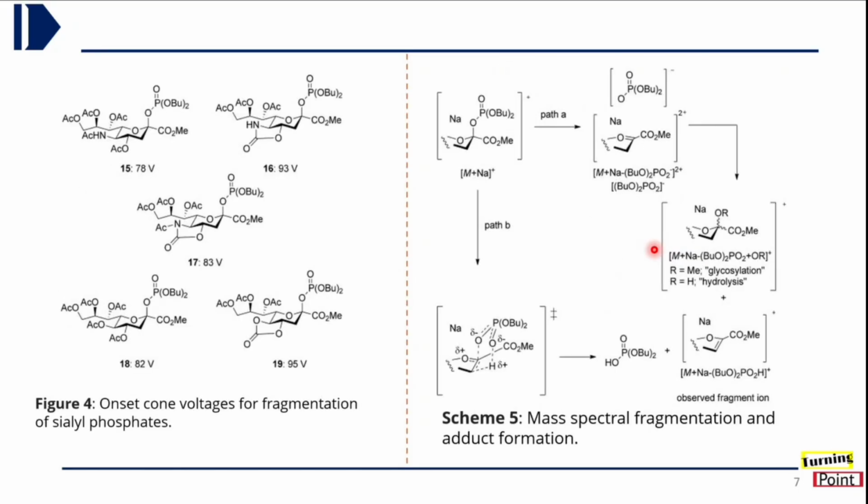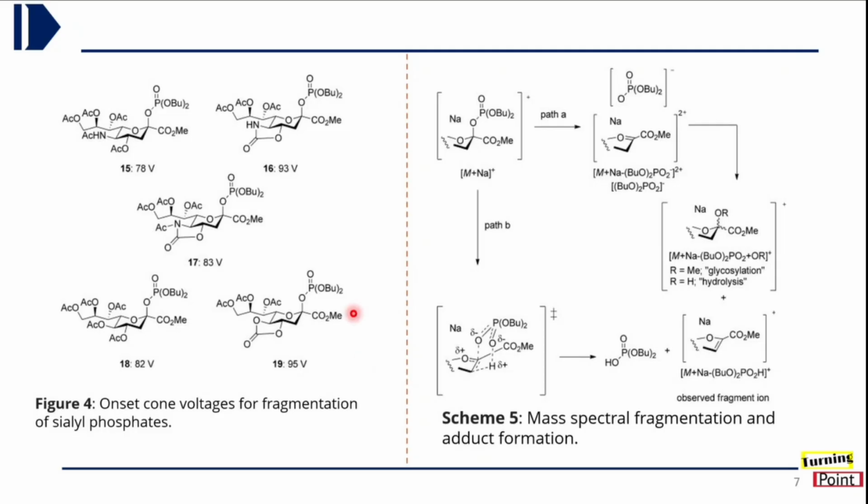So to show the role of this cyclic protecting group, they used the concept of fragmentation, and using this mass fragmentation technique, they show the role of these cyclic protecting groups.